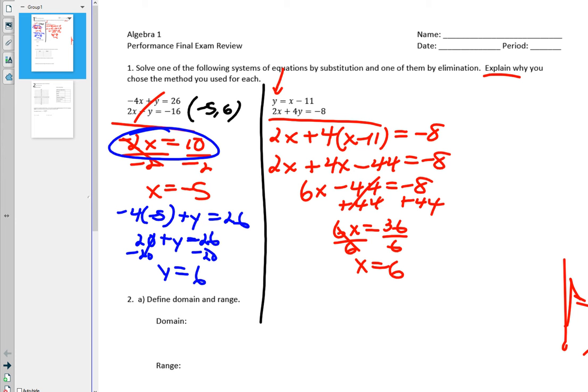It's already isolated, so I'm always going to want to go with the isolated one, because then I don't have to cancel anything else. Just y equals 6 minus 11. My fingers tell me that that's negative 5. So then my solution, if I were to write it as an ordered pair, alphabetical order, is 6, negative 5.